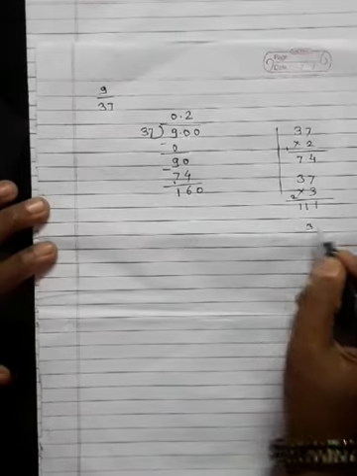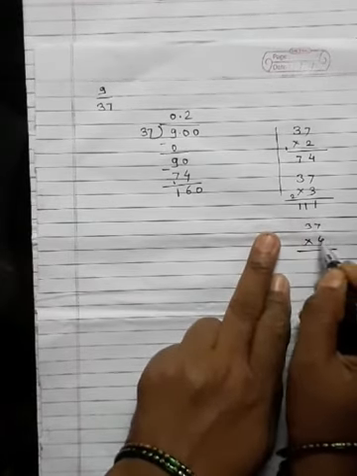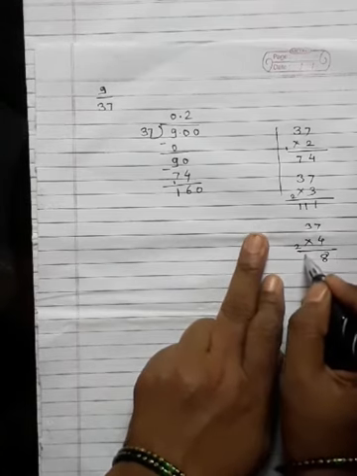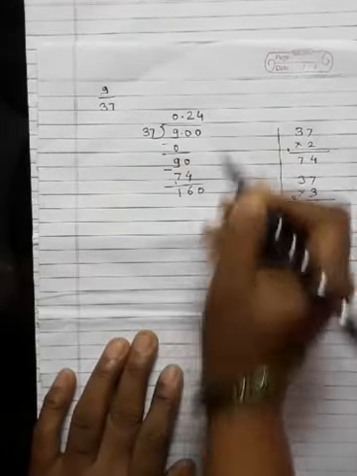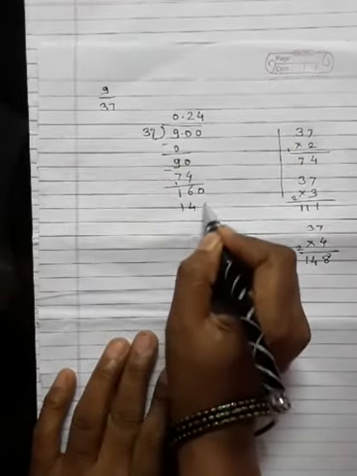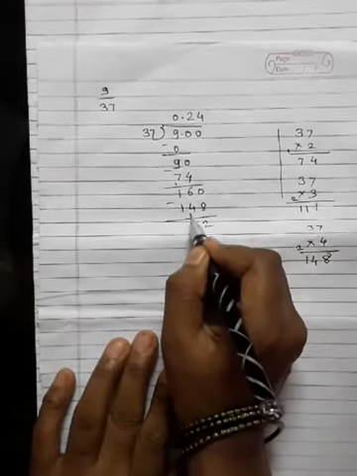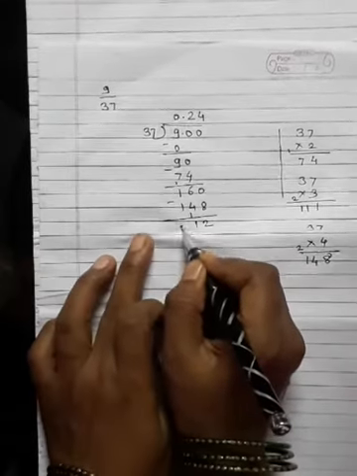Therefore we check 37 into 4. 4 sevens are 28, carry 2, 4 threes are 12, 12 plus 2, 14. Therefore here write 4, 148. Then subtract, that gives 12.